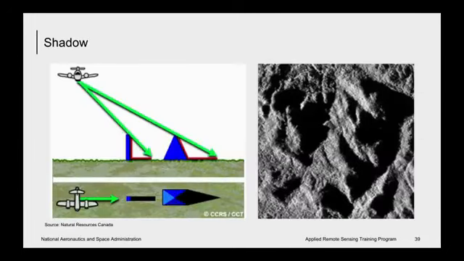This image is an example of shadowing. Radar shadow occurs when the radar beam is not able to illuminate the ground surface. Shadows occur behind vertical features or slopes with steep sides. Since the radar cannot illuminate the surface, there's no energy to be backscattered, and therefore they're dark.